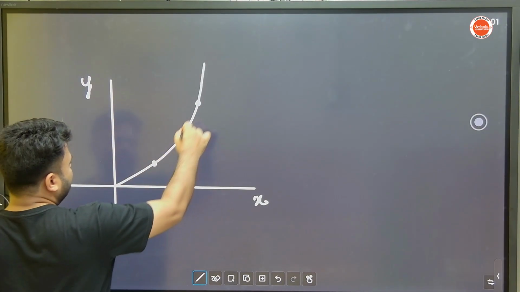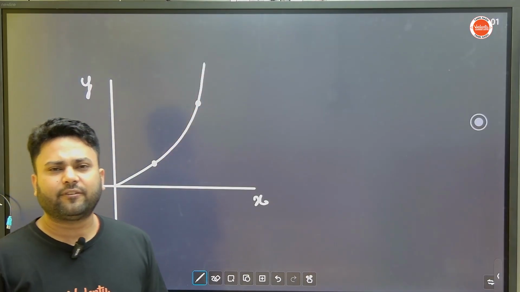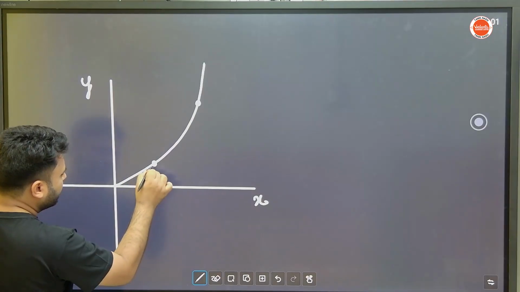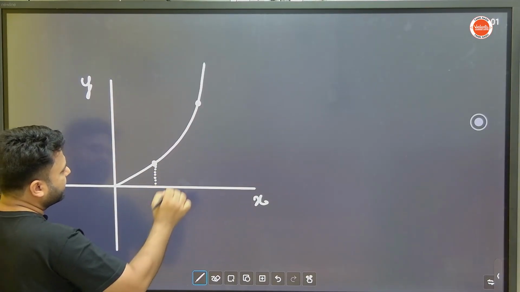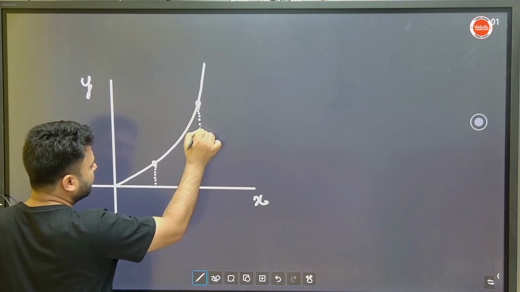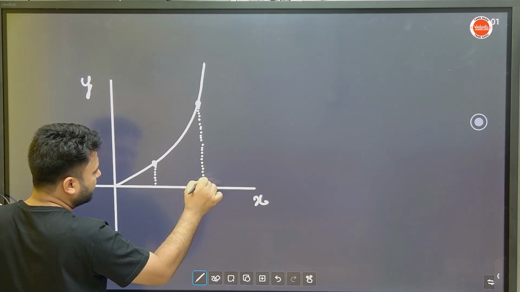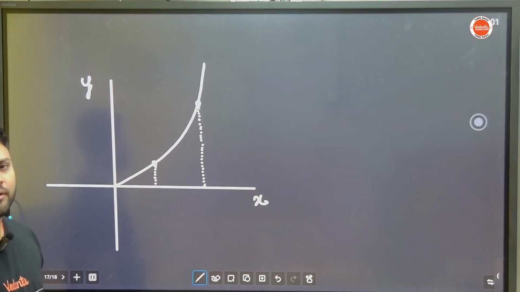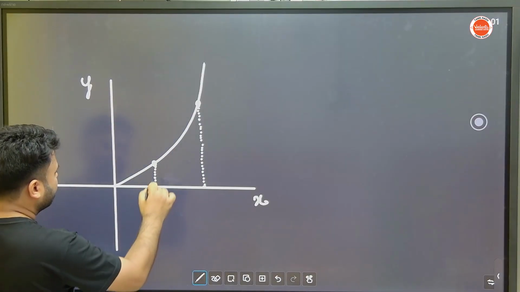So this is a curve, this is not a straight line. So you have to find the area under the graph. Suppose you project this point on the x-axis, and this again here like this. So we are concerned, what is the question? What is the area under this?